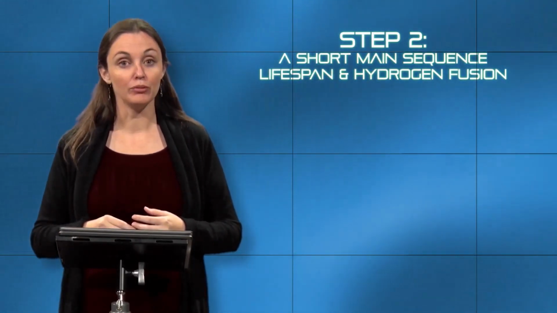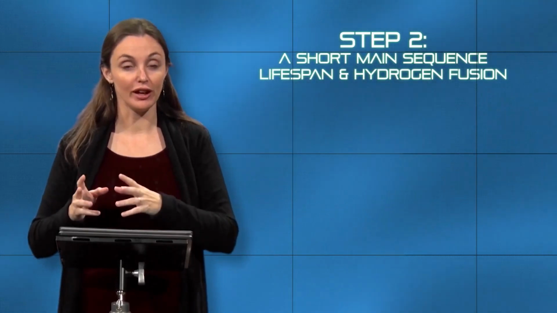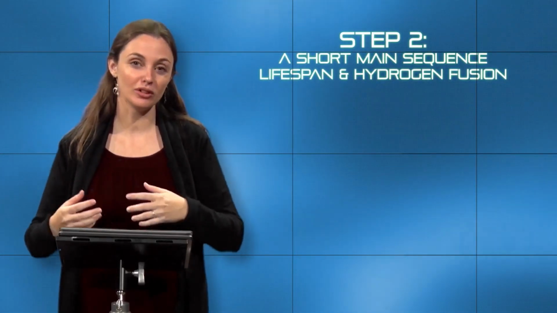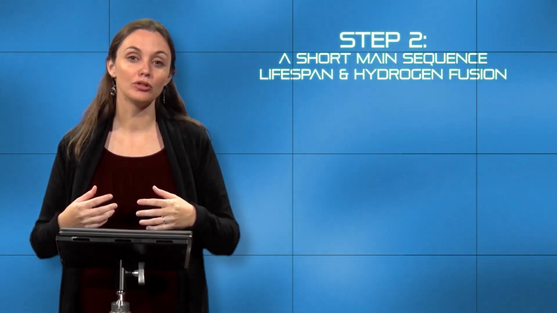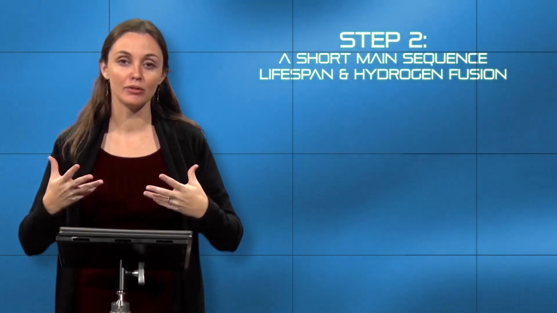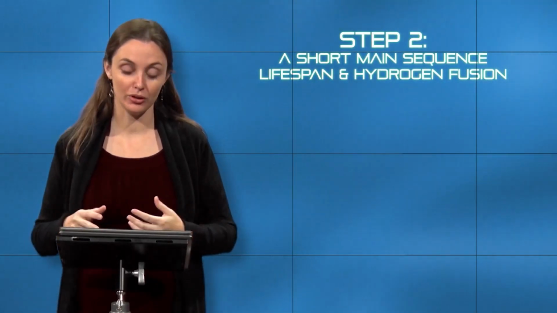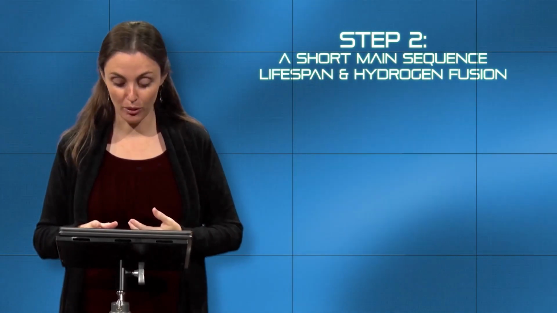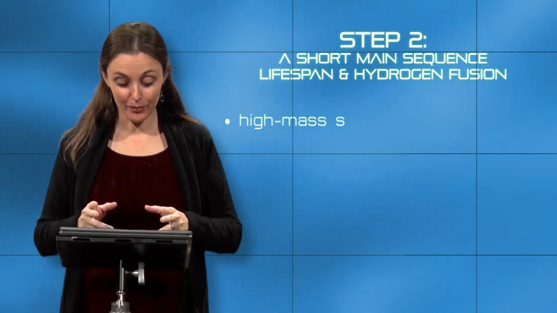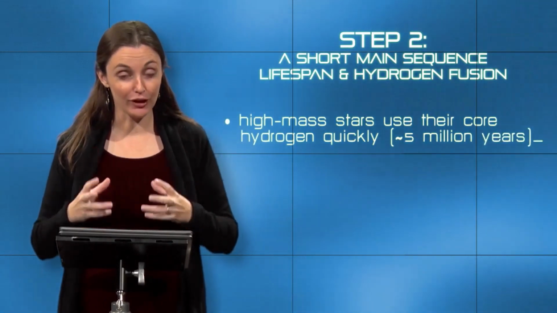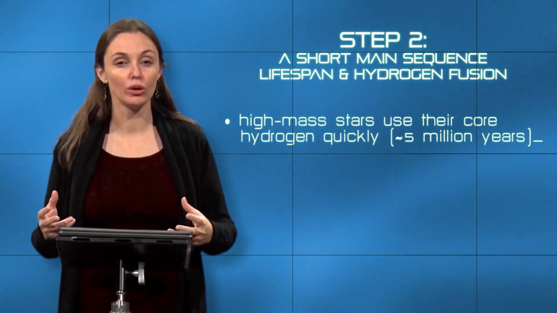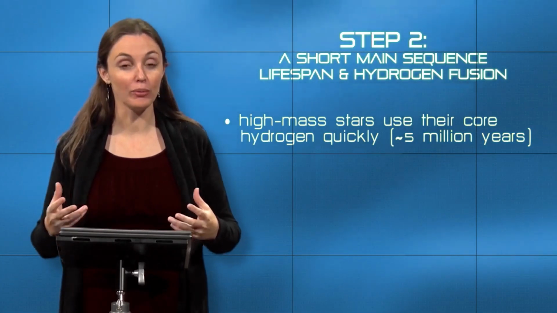Now, as we move beyond that, we see carbon is converted into nitrogen, nitrogen is converted into oxygen. So even in the main sequence lifetime, you're already going on to produce some of the heavier elements that we need on Earth, that the rest of the universe is going to be composed of, even though it's in relatively small abundance. Now, as a reminder, these high-mass stars are going to have a very, very short lifespan that is a fraction of 1% of the lifespan of a low-mass star.